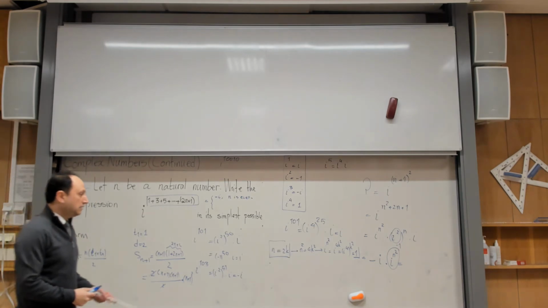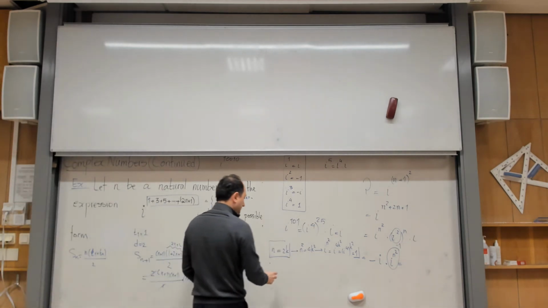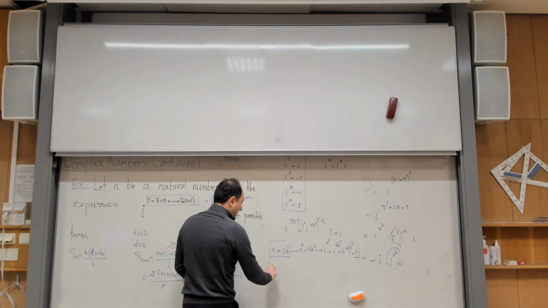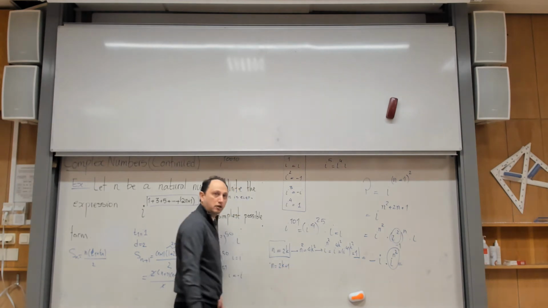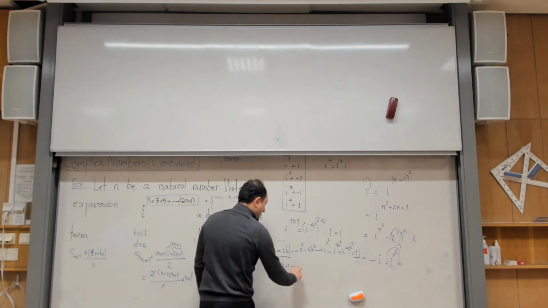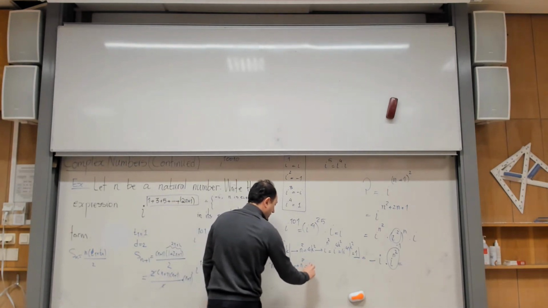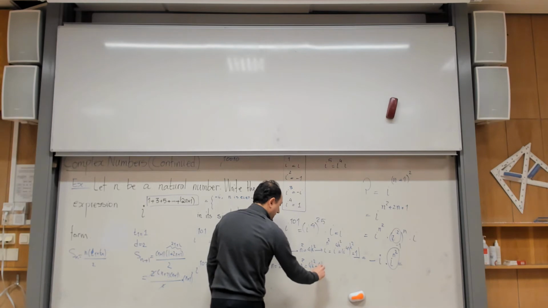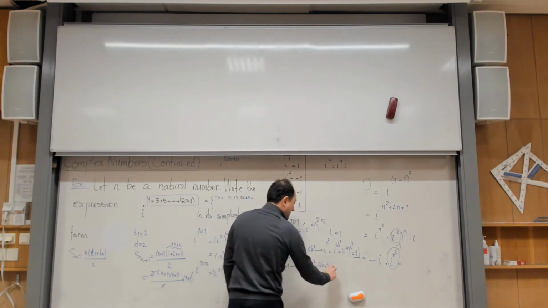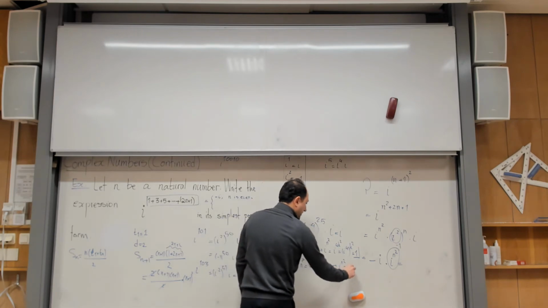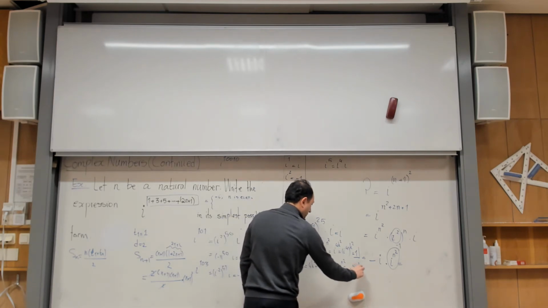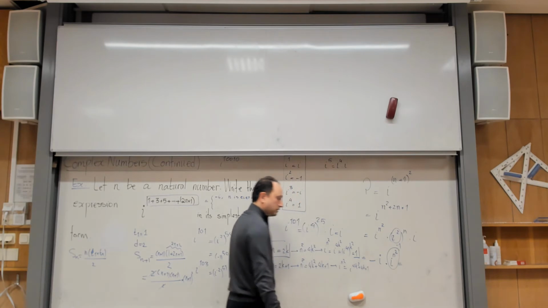Yes? And then what happens if n is odd? If n is odd, then it means that n is 2k plus 1. This is the meaning of being odd. And then what happens? n squared becomes 4k squared plus 4k plus 1. Then it means that i to the power of n squared becomes i to the power of 4k squared plus 4k plus 1. Yes?